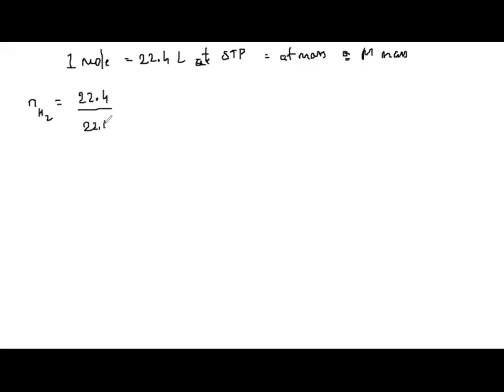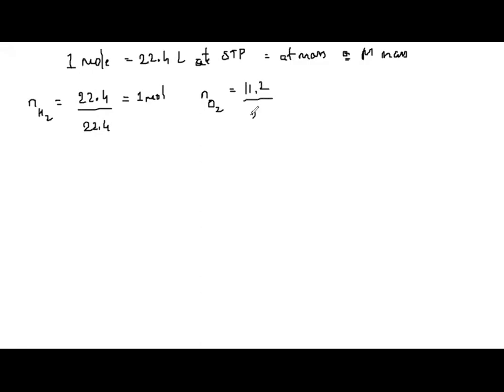Let us first keep this in mind: 1 mole is equal to 22.4 liters at STP, and that will be equal to atomic mass if it is an atom, or molecular mass if it is a molecule. They have said 22.4 liters of hydrogen. So let us first find the number of moles of hydrogen: given volume upon molar volume, 22.4 divided by 22.4. So it comes to 1 mole. Okay. Number of moles of chlorine, how much is given?